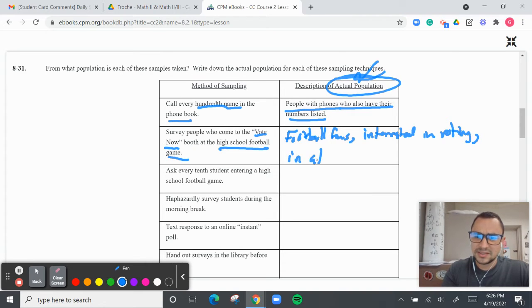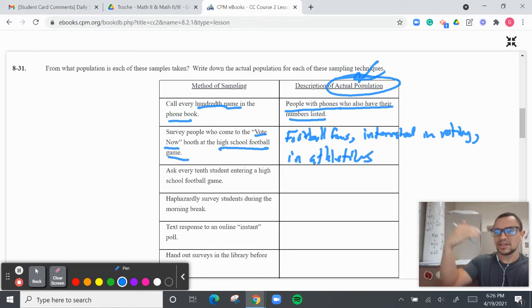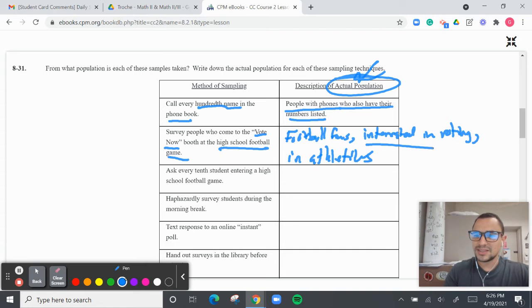I'm making it very short, but people that like football, people that are interested in voting, people in athletics. If they're interested in voting, they're going to vote. And if they don't want to vote, they're just going to walk away.